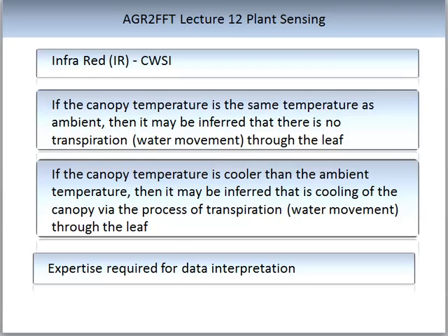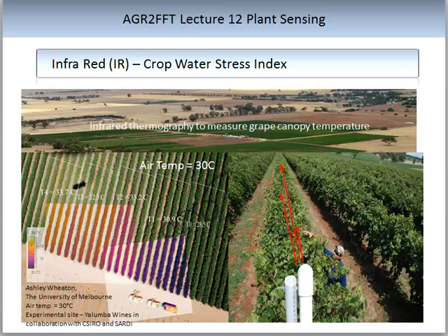When dealing with crop water stress index, there is expertise required for data interpretation. The image on the slide was collected with some research I was involved in. The images show you the IR data collected across a grapevine or vineyard.